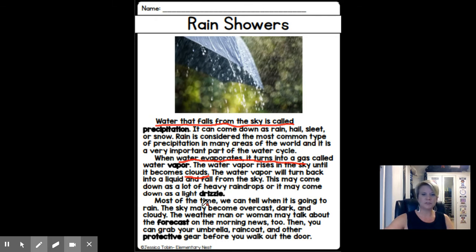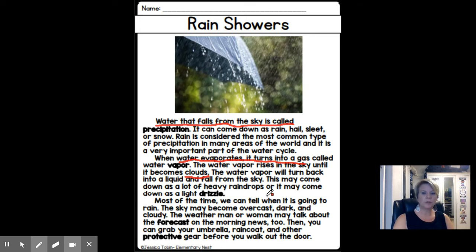Okay, my word drizzle is my word that I need to find a context clue for because I don't know what drizzle means. So I'm going to reread that sentence that has drizzle in it and see if there's a context clue for me. This may come down as a lot of heavy raindrops, or it may come down as a light drizzle. Oh, okay, so I see the word or there.